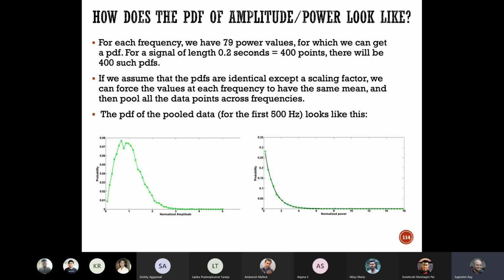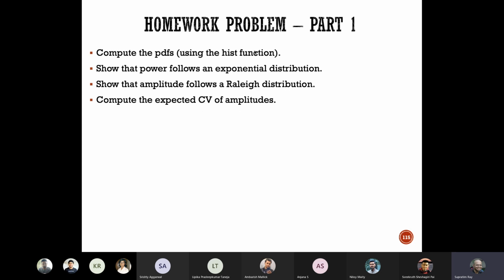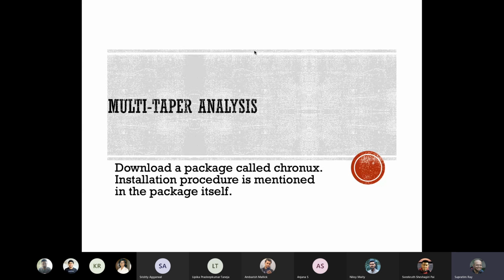So if you just compute the spectrum as an average of only 10 trials, you won't end up getting a very good true estimate of the power. Because, as I said, the power is quite noisy. You need lots of trials to get a true estimate. So that is where the multi-taper method comes in, and it gives you a way to reduce the variability in the spectrum.